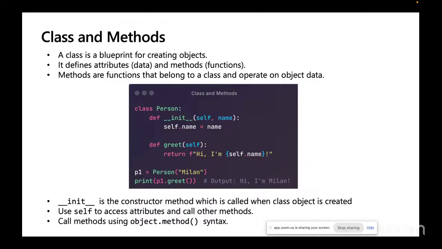Now here you are seeing two arguments. So first one is self. So self argument is implicitly passed on by Python, right, to all the classes.